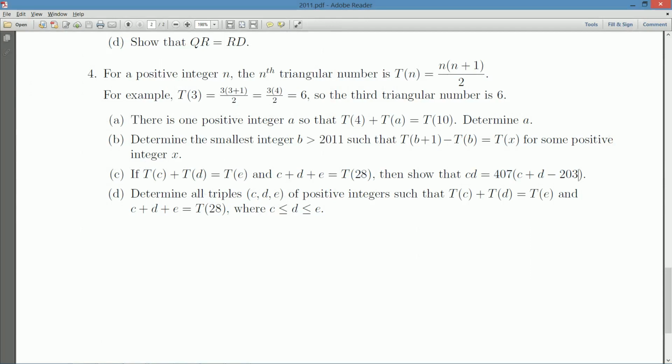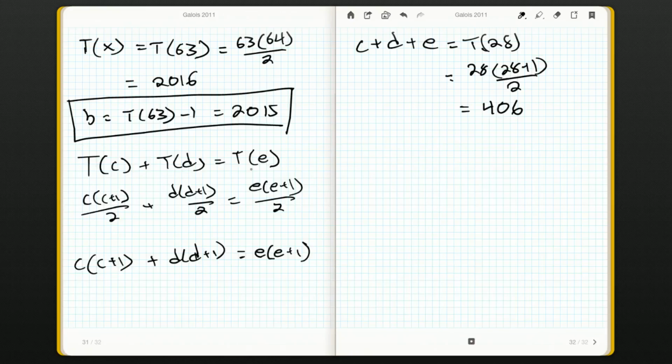All right, so one thing I can do is rearrange this second equation and get c plus d, which is part of what I need. Actually no, I can get e in terms of a constant number and c plus d. Then I can plug that back in here and maybe I can work something out. So let's solve for e. e is going to be 406 minus, I'm going to group them together as (c plus d) rather than minus c minus d.